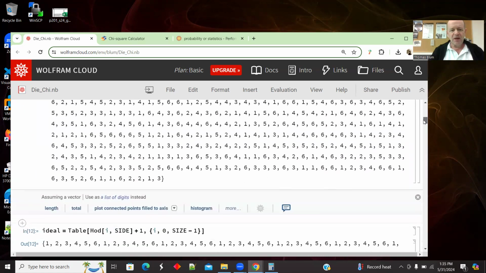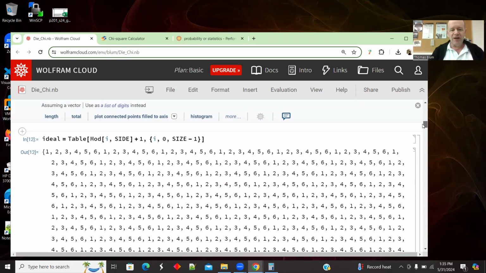Okay. And then I'm going to generate a table, which makes me a list. I'm going i from 0 up to size minus 1, from 0 up to 899, and I'm taking i, taking the modulus, dividing it by side, dividing it by 6, taking the remainder and adding 1.